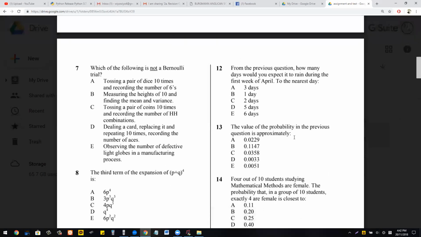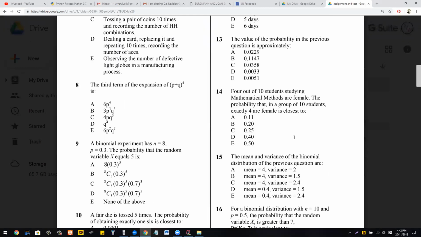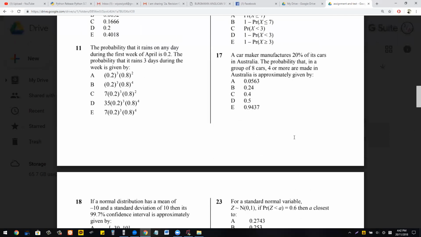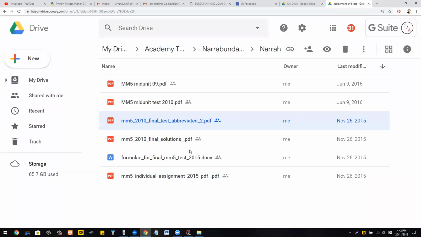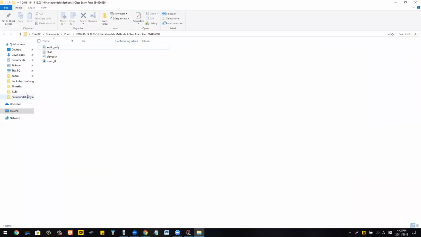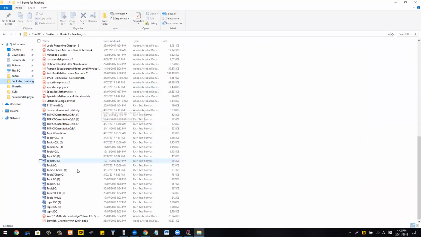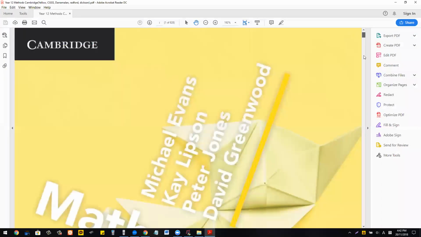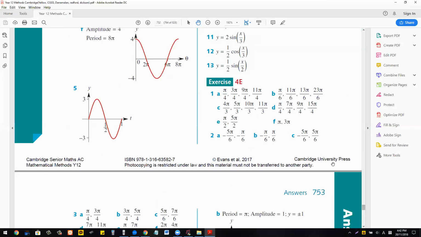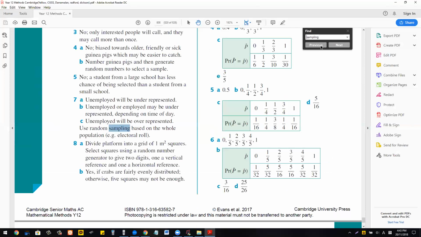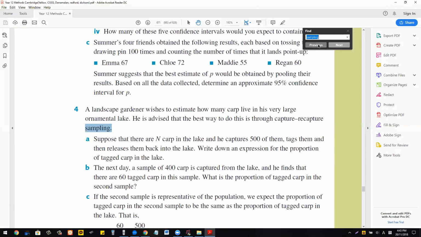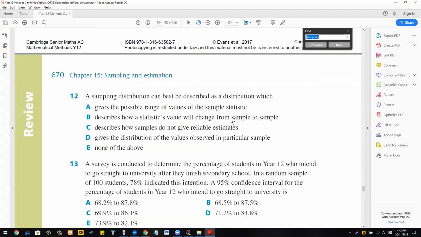Maybe we should go work on sampling because I'm struggling with that. Sampling, all right. Are you still using the yellow book? Yes. It's chapter 15. Yep.